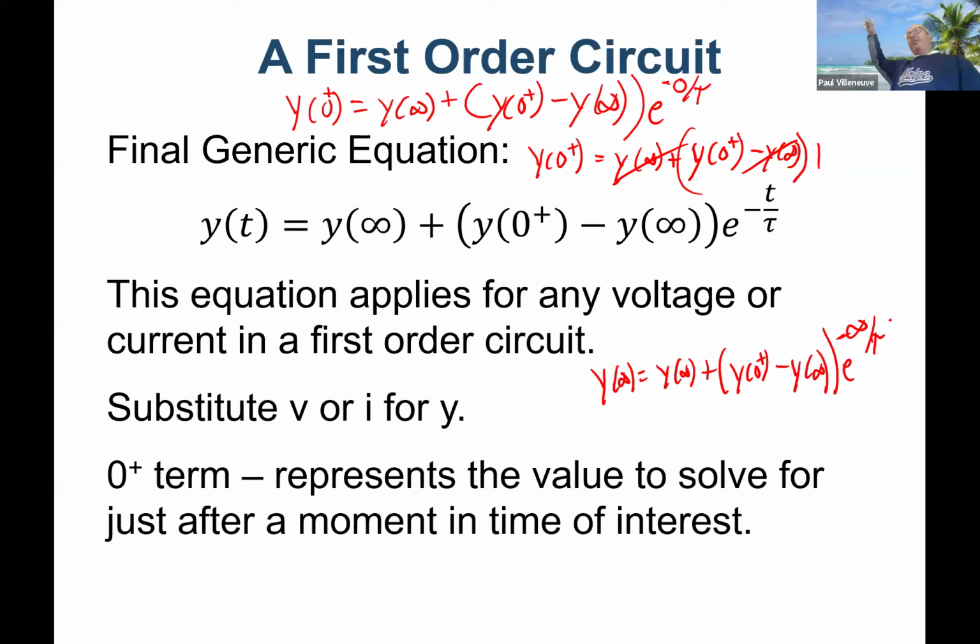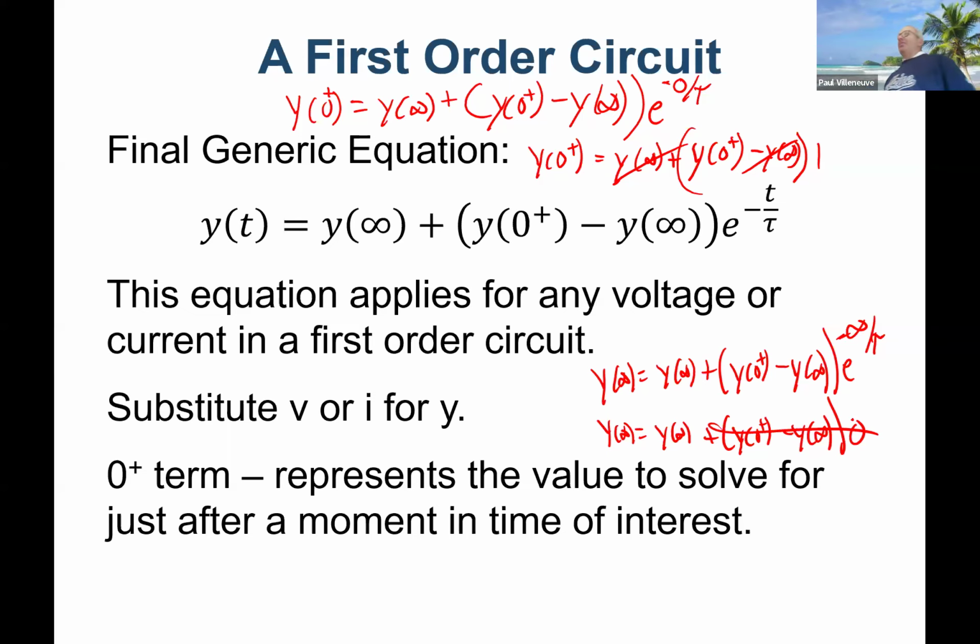Because e to the infinity is a really big number, but e to the minus infinity is an infinitesimally small number, 0. So y of infinity equals y of infinity plus y of 0 plus minus y of infinity, times 0. That whole expression goes away, and we end up with y of infinity.